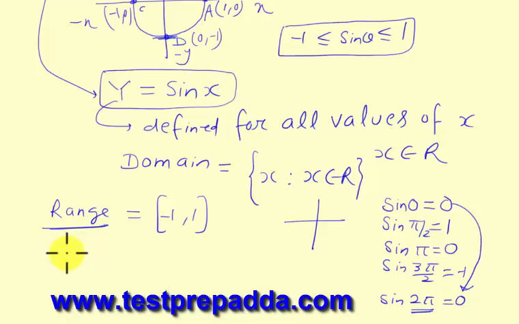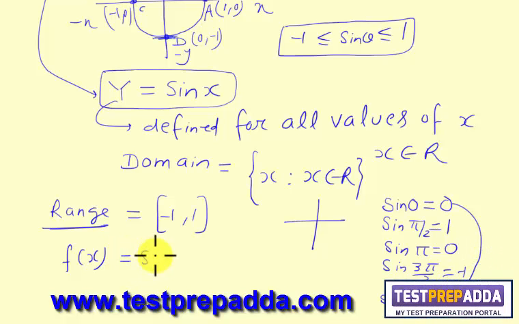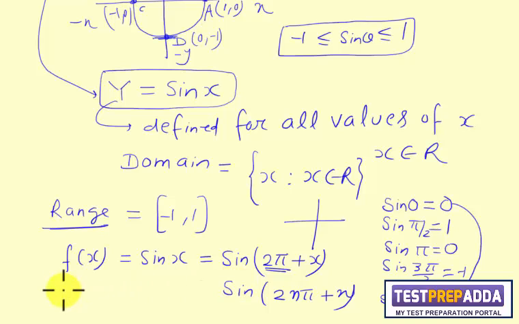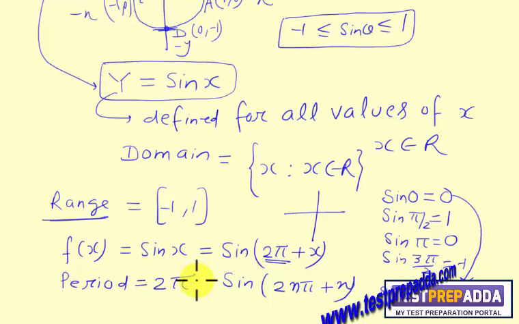So we can say f(x) is equal to sine x is equal to sine (2 pi plus x). In general, it will be sine (2n pi plus x). The least value is 2 pi. So here the period for sine x will be 2 pi. Okay.